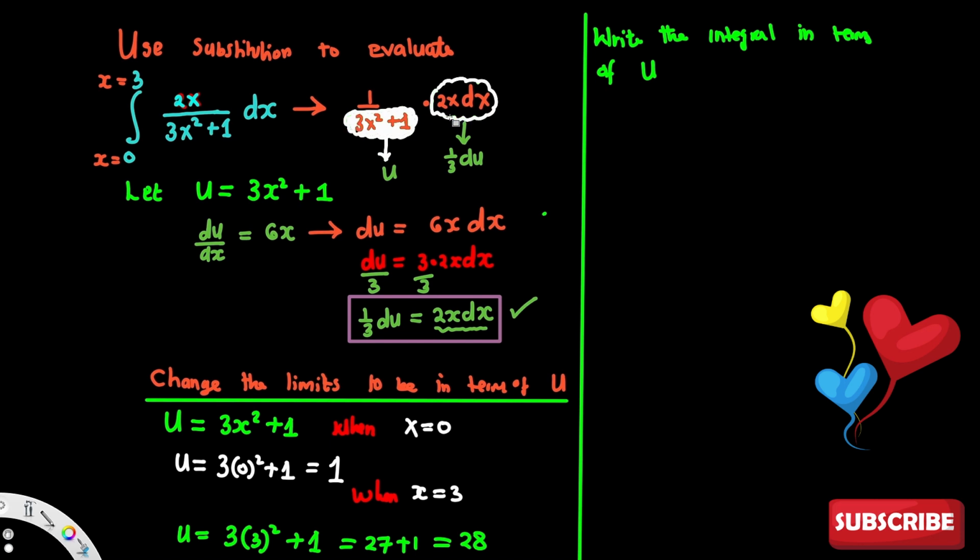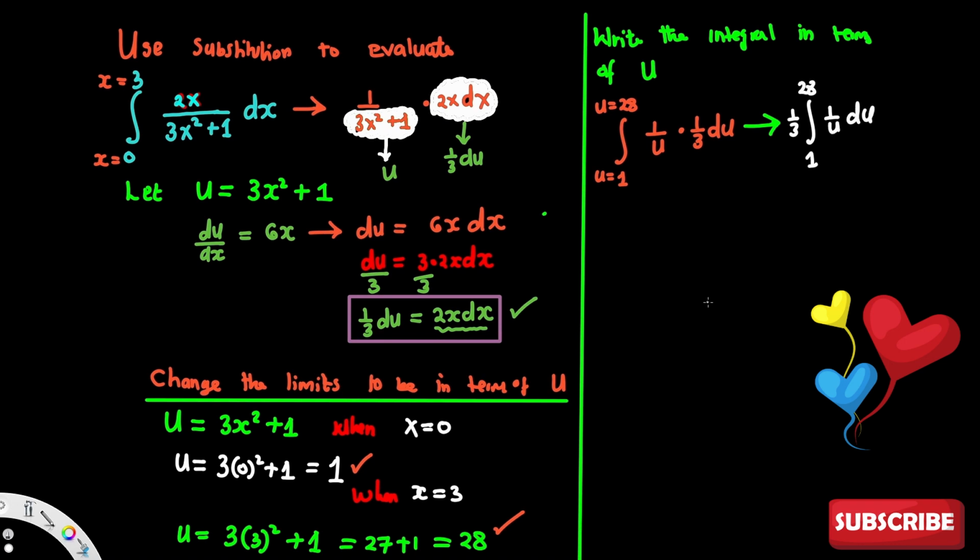Remember, we said 3x squared plus 1 represents u, and 2x dx is going to be a third du. So we can write the expression from u equals 1 to u equals 28. Remember to change the limits, and then we write this expression as a third times the integral.